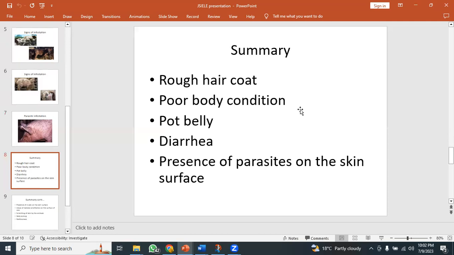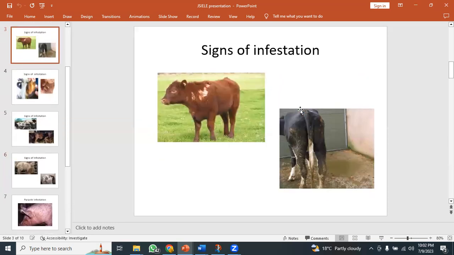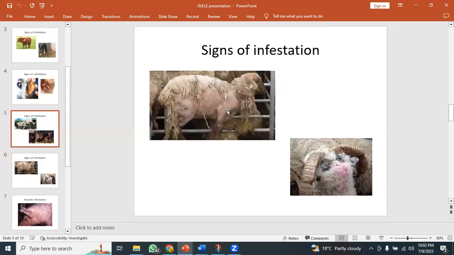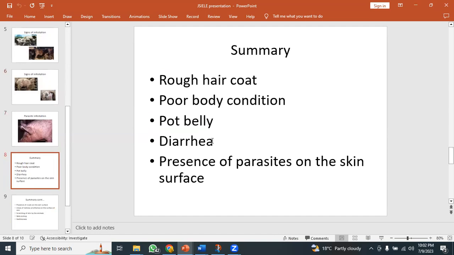I've not had anyone mention a pot belly, but if you look at the first picture very well, you can realize that apart from the skin of the animal being rough and losing the hairs, the belly is not very okay. It looks distended, unusual. Then we also talked about the ears. You can also find parasites on the skin surface of the animal, like ticks. You'll always find ticks on the surface of the skin of the animal.